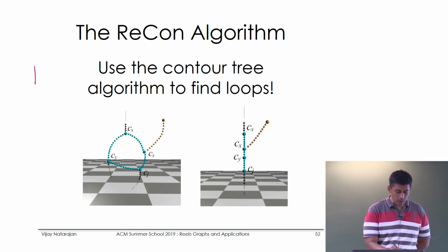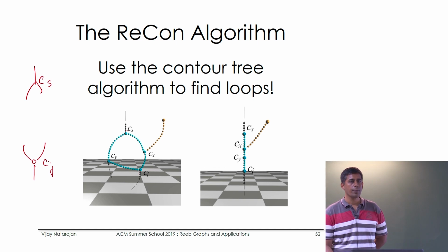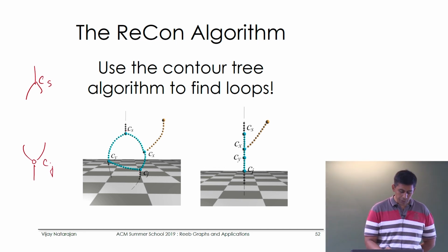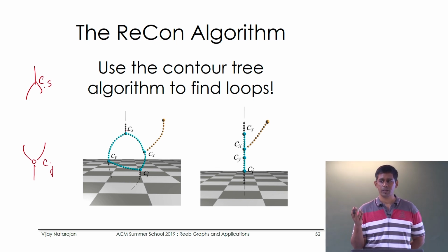So, locally C sub s will look like this, and C sub j will look like this. I can distinguish between C sub j and C sub s. How? I know my classification of critical points. Forget about the Reeb graph for now.